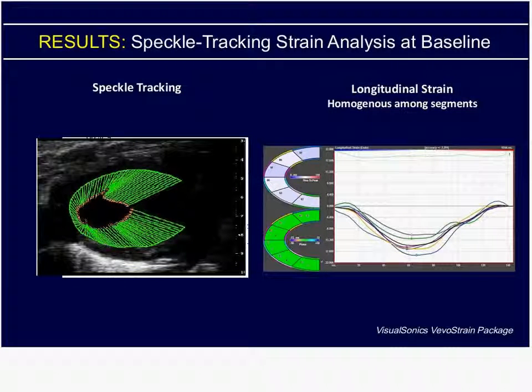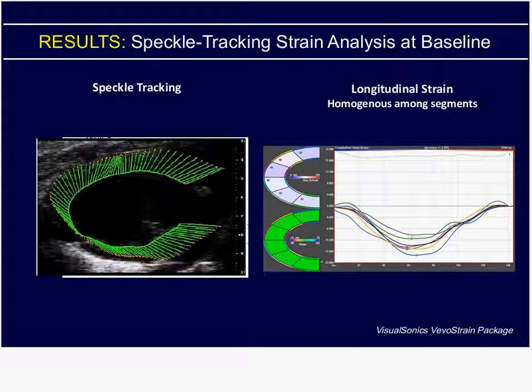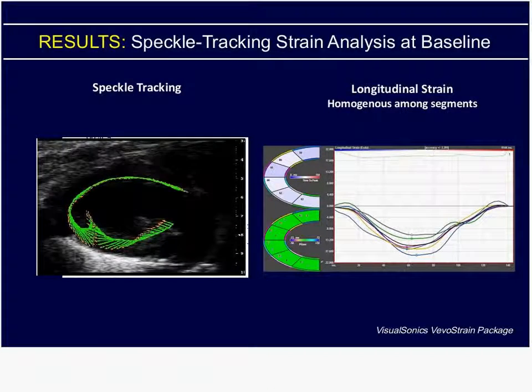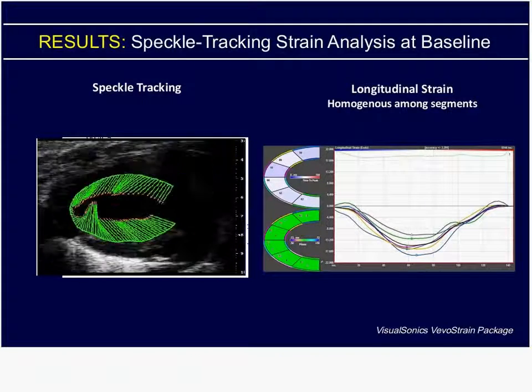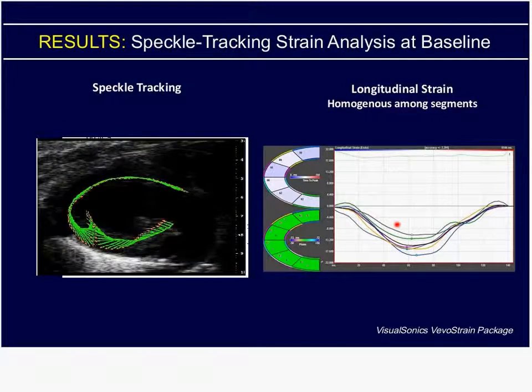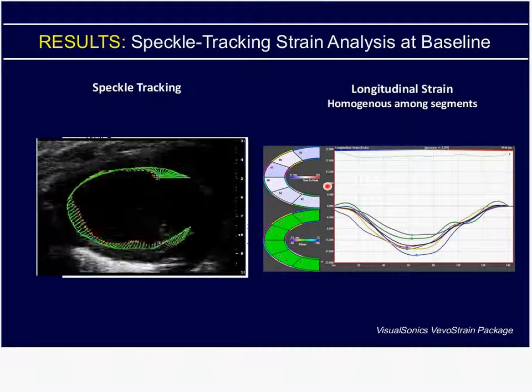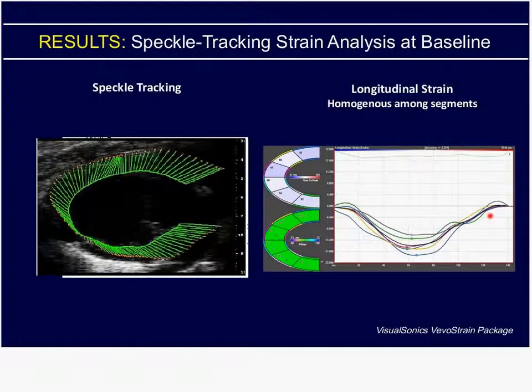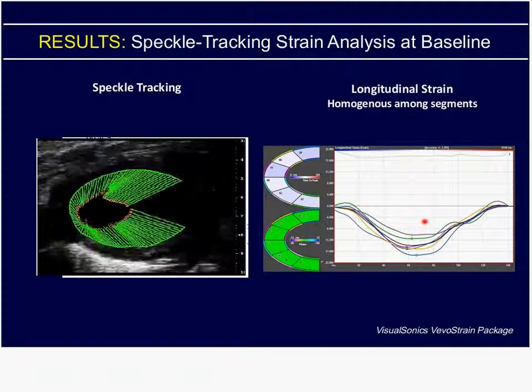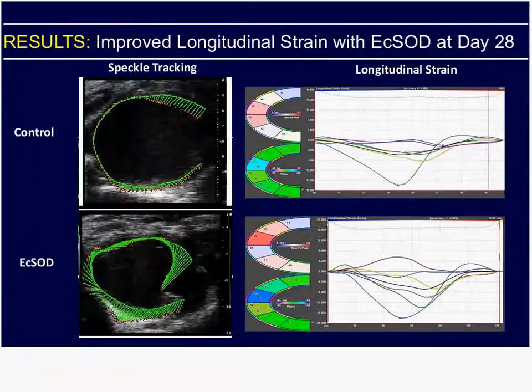Turn now to an even higher level of analysis, which is speckle tracking, and we'll look at the speckle tracking output of VivoStrain in a normal mouse here. If we look at longitudinal strain, we'll see that in each of the segments it's highly homogeneous and behaving like a normal mouse should.